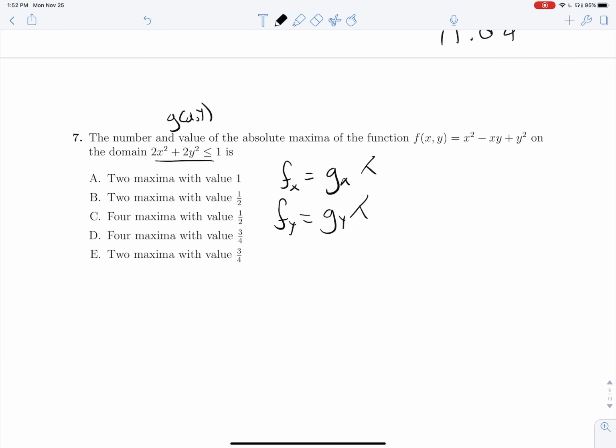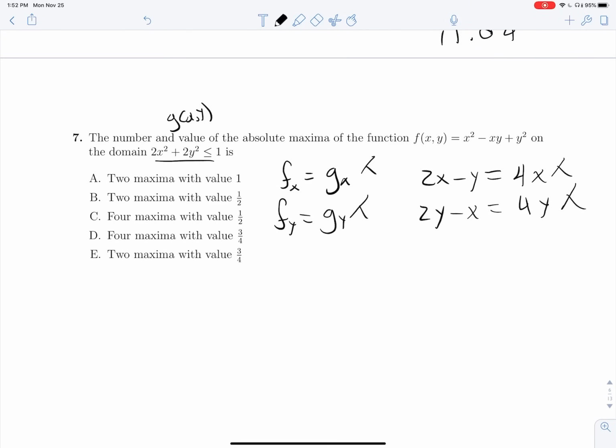So fx is going to be 2x minus y, and that's equal to 4x lambda, whereas fy is going to be 2y minus x, and that's equal to 4y lambda.